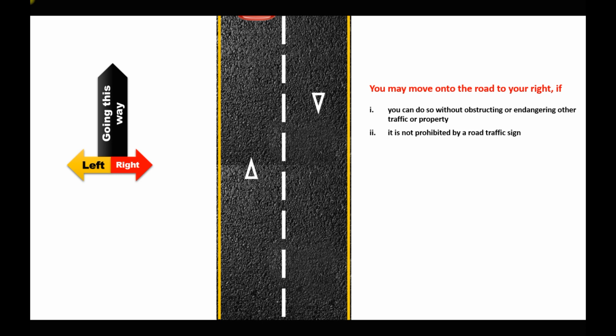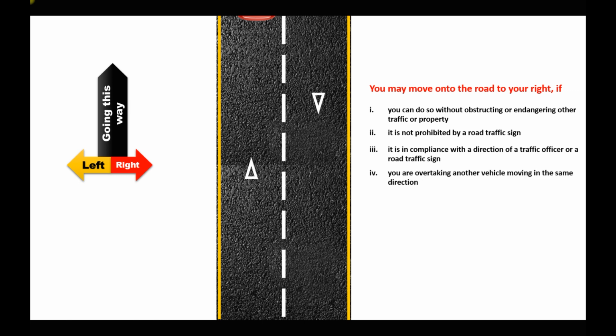Sometimes there is a no overtaking sign, so in that case you are prohibited from going on the other lane, which is the right lane. And sometimes the police officer might have a roadblock mounted on the left lane, so now he is directing you to use the right lane. In such compliance to the traffic officer, then you can drive on the right side.